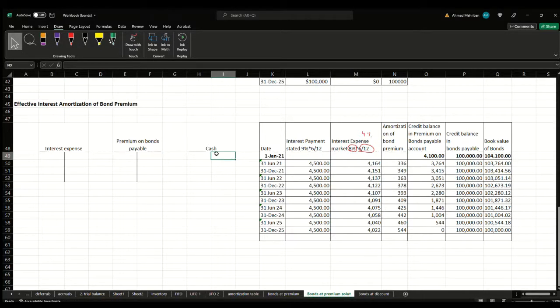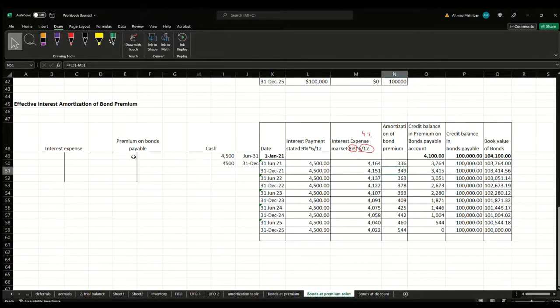So we're going to have cash 4,500, which is on June 30. So this is semi-annual. Yeah, so I can actually write it. Excuse me, 4,500. So this will be on June 30, and this will be on December 31. These entries will be made, and then the premium on bonds payable, we have already calculated it.